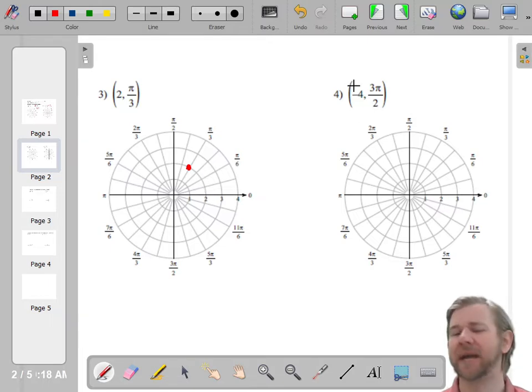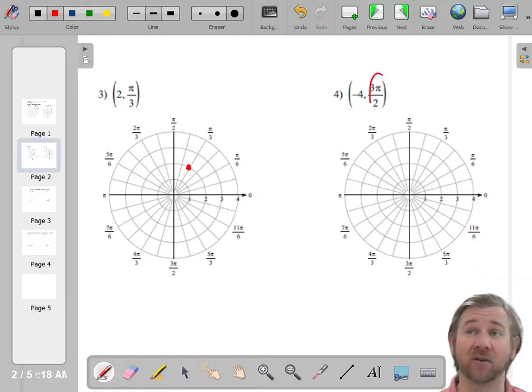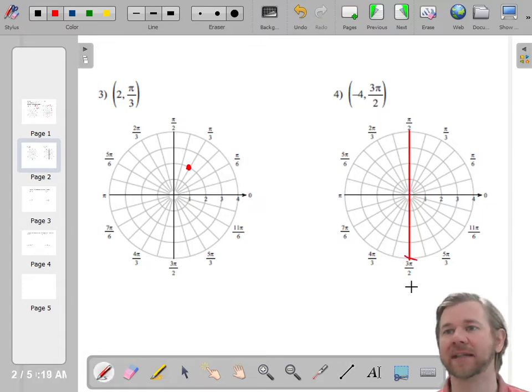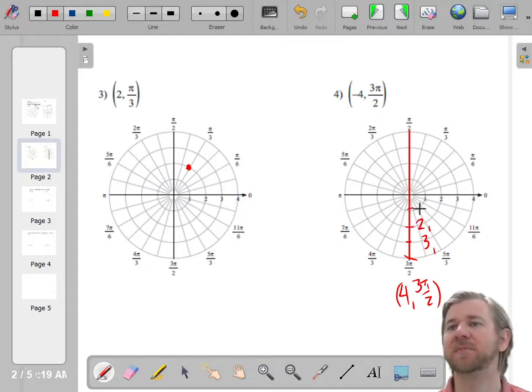And then when the radius is negative, this might be the weirdest thing. So first, I start at the angle. If you tell me the radius is negative, I'm going to find 3 pi over 2. And what I'm going to do is visualize this and say, look, this point right there is positive 4 at 3 pi over 2. This is positive 3, this is positive 2, this is positive 1.